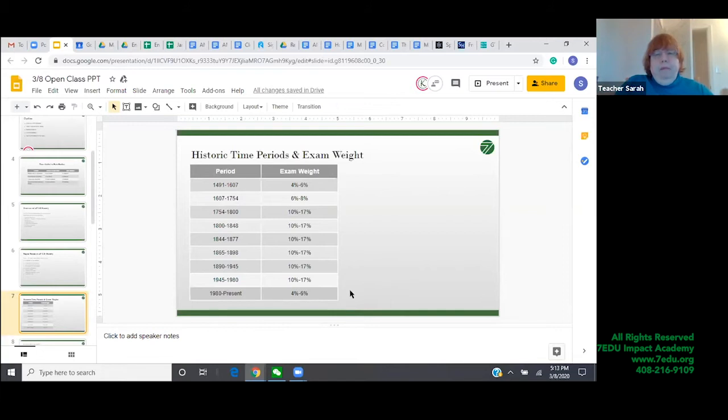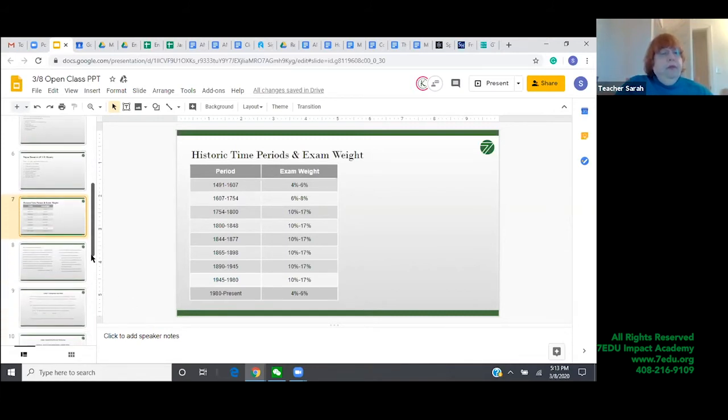But that's where I come in, because I will be reviewing that material, showing you how to use it, and all that stuff that you're going to need, because you want to get those points. You want to get as many as you can, whereas the DBQ and the long essay are where you're going to get a lot of points if you know what you're doing.